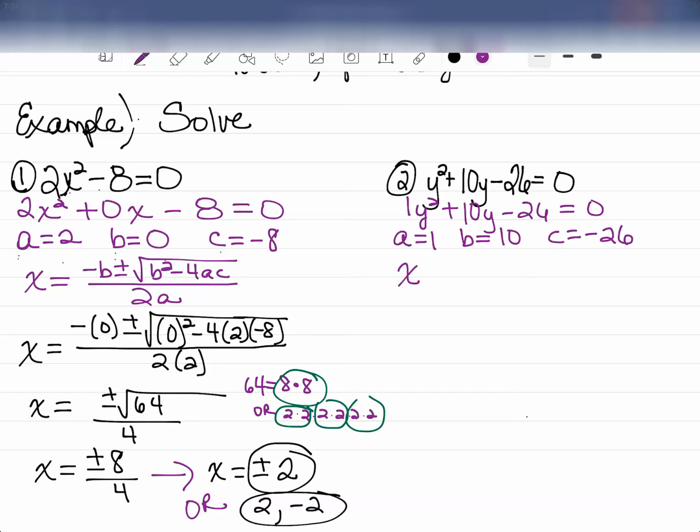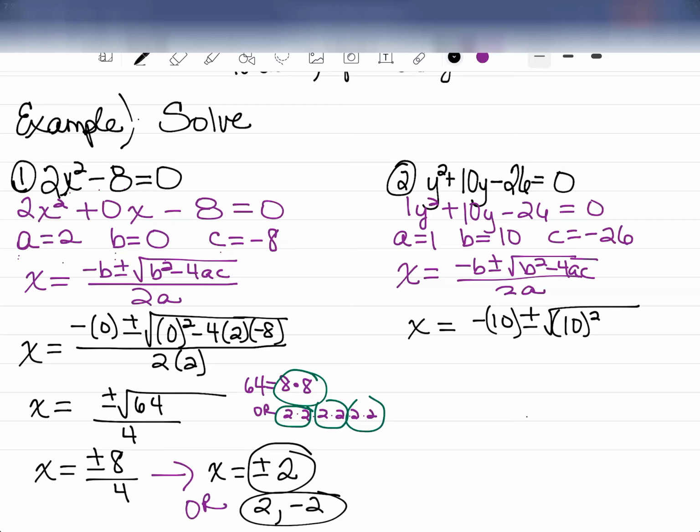So I have to use my formula, that negative b plus or minus the square root of b squared minus 4ac all over 2a. So I end up with negative 10 plus or minus the square root of 10 squared minus 4 times 1 times negative 26 all over 2 times 1.